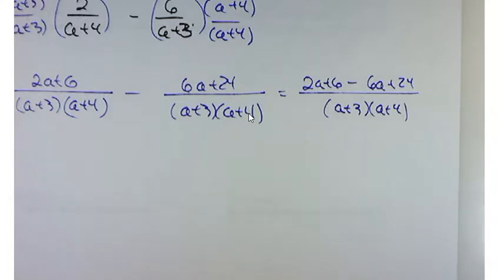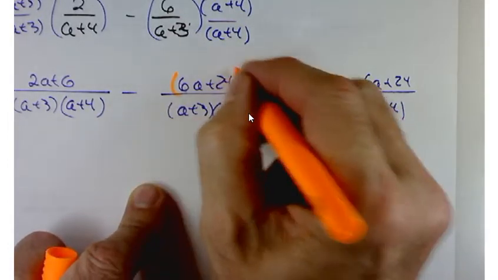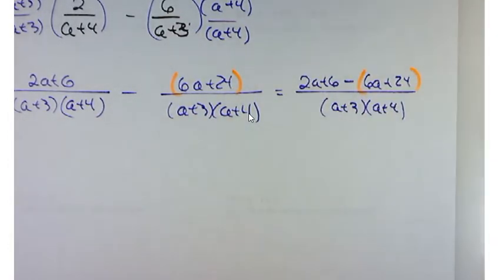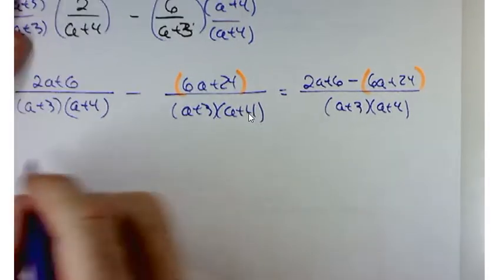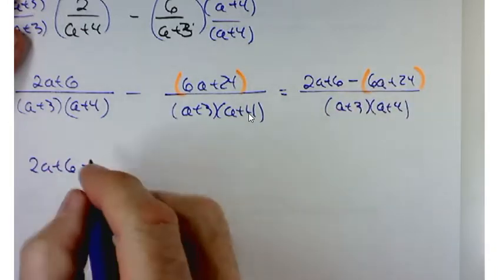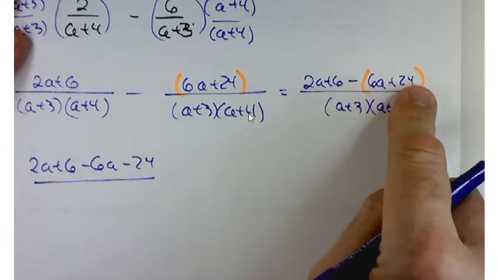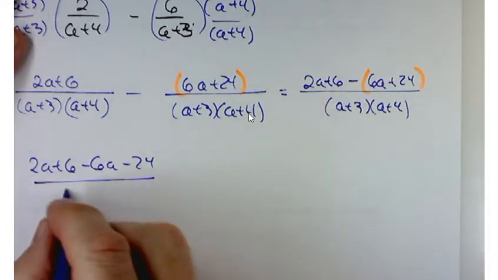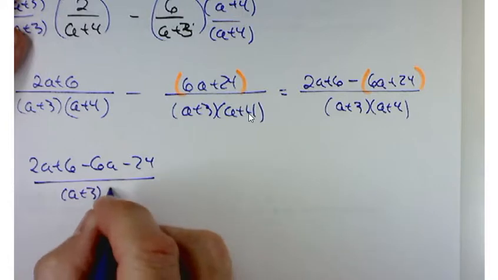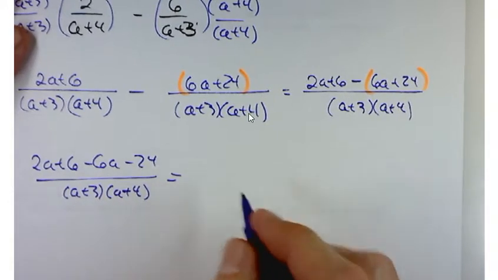What's wrong is that the negative has to distribute itself to both terms. So when you're subtracting, it takes a little bit of extra care. It's going to be 2a plus 6 minus 6a minus 24. So both of those have to be subtracted. You have to distribute that negative to both terms. So it's a subtle but annoying thing you've got to work with.